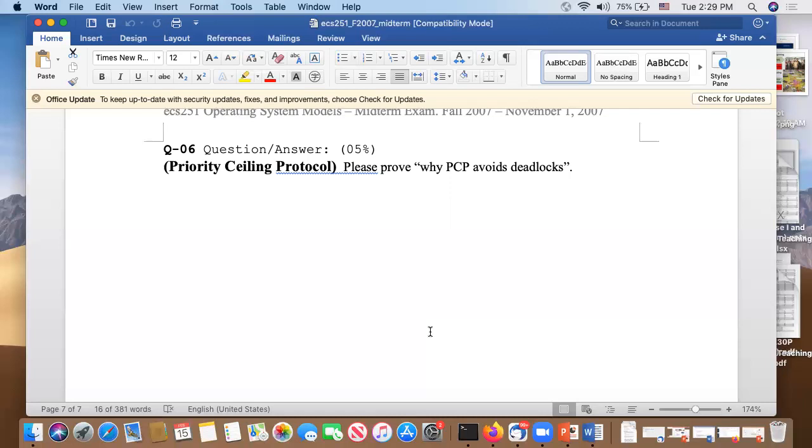Remember, I emphasized, it always has to be greater. If my priority is not greater, I cannot even lock the second one. So if their priority ceiling values are exactly the same, you cannot have a circular dependency because of the priority ceiling protocol. Does that make sense? If you don't understand, I can repeat it.